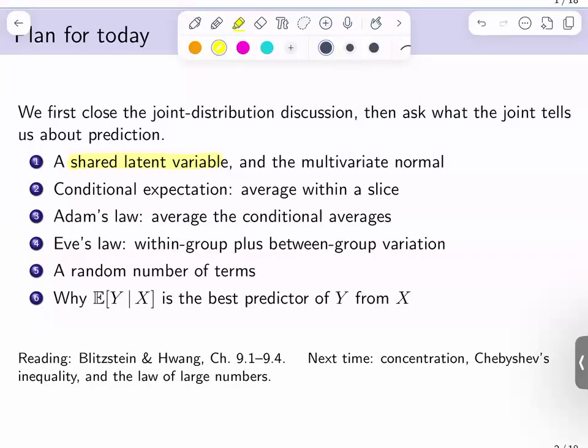And this is very common and it's very useful to have in mind. Then I'll talk a little bit about the multivariate normal, and most of this lecture is going to be talking about conditional expectation and the results related to conditional expectation and conditional variance.